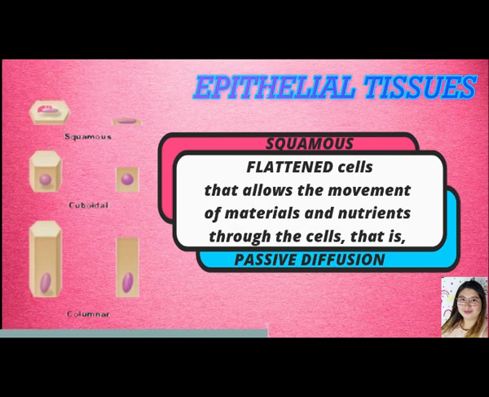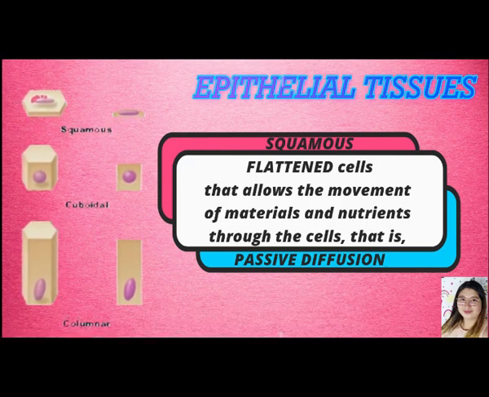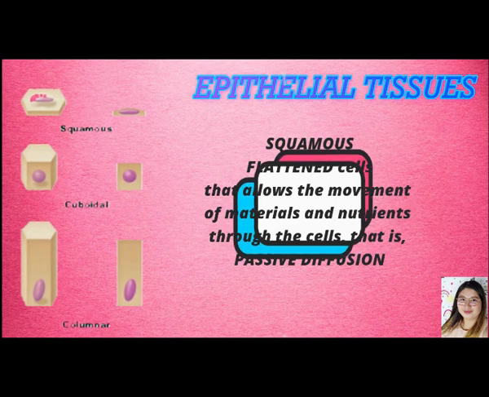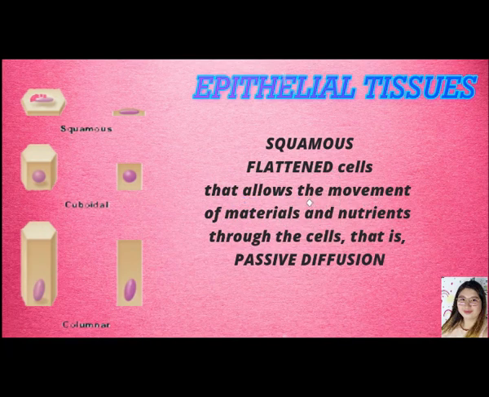Okay, so pag sinabi natin squamous epithelium, flat yung mga cells natin para mabilis makalabas at makapasok yung ating mga nutrients na kailangan sa loob at labas ng cell. So, paano naglalabas-pasok? It's through passive diffusion. So, it's just a movement from a higher concentration to a lower concentration.